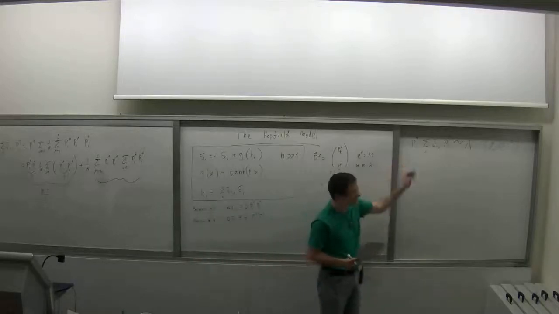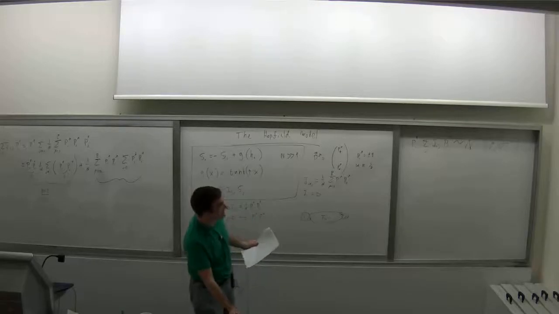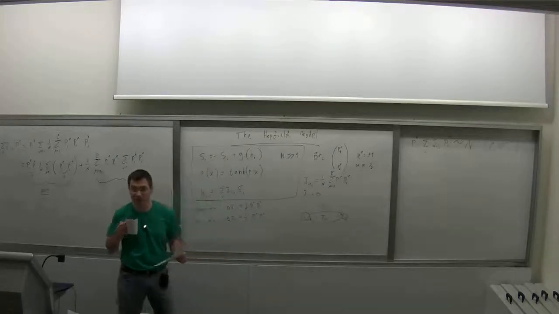This is just from the central limit theorem. So the next step would be to compute mu and sigma squared.